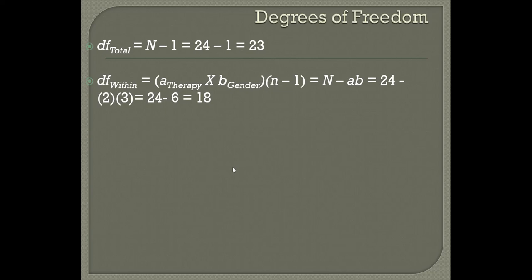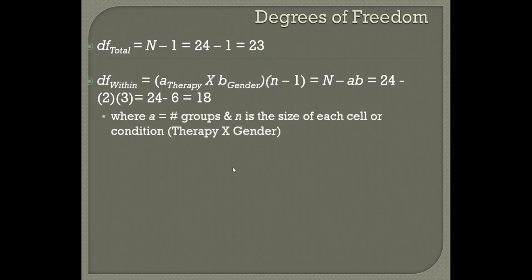The degrees of freedom within, or degrees of freedom error, is basically the number of cases minus the product of the number of groups in condition A and the number of groups in condition B. So here, if the sample size was 24, it would be 24 minus 6.